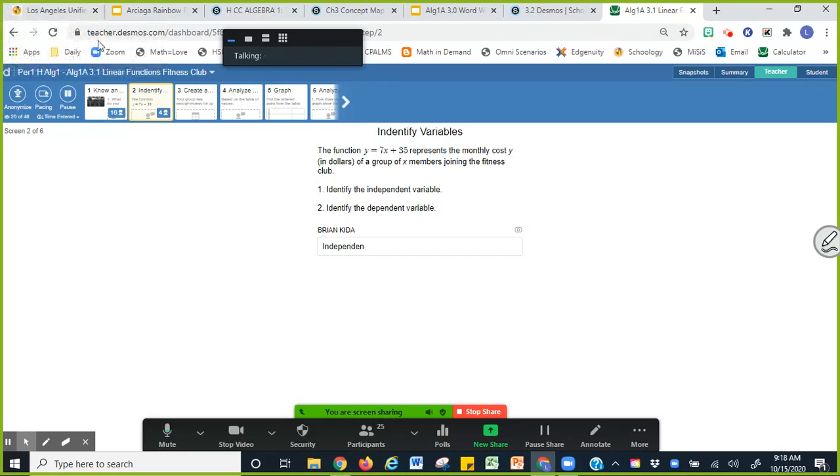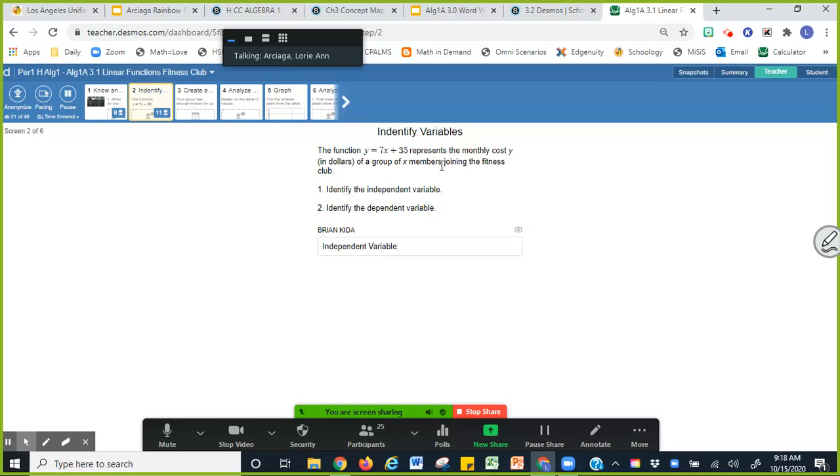Okay, so identify variables. The function y is equal to 7x plus 35 represents the monthly cost y in dollars of a group of x members joining the fitness club. So, what are independent and dependent variables? You can think of this as a cause and effect relationship, just like in science.